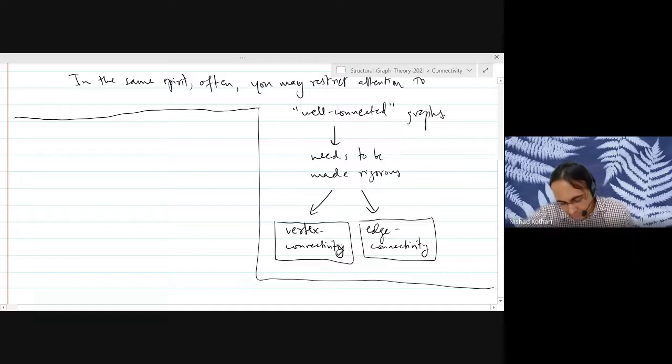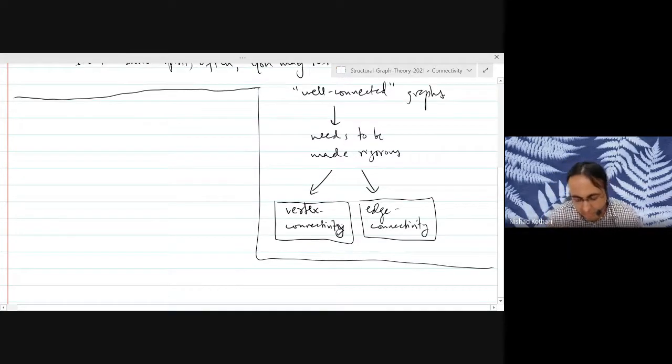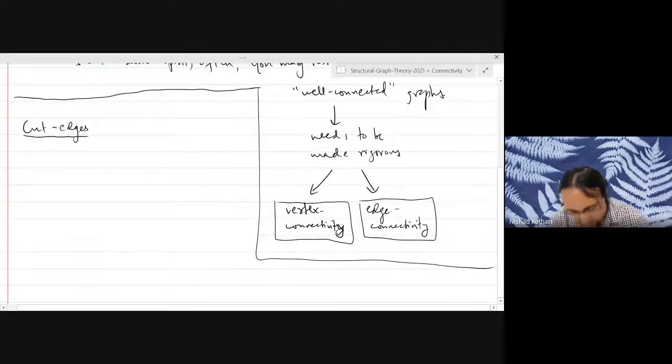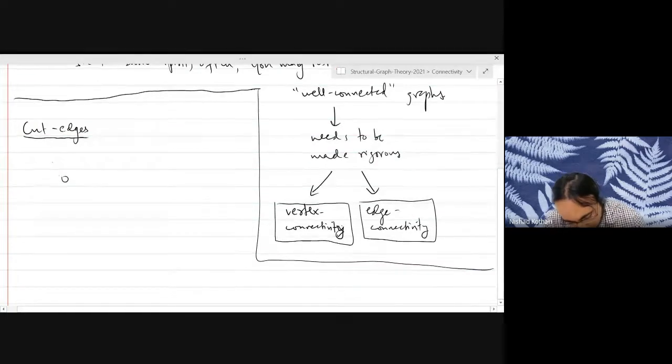Good. So let us start with a very simple concept. Today we will not talk about vertex connectivity and edge connectivity in general. We will talk about special cases of them. So I want to start by talking about cut edges that you have already seen on assignment 0. So let's look at the following graph.